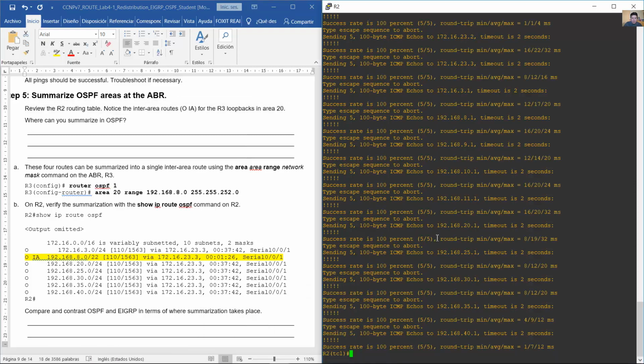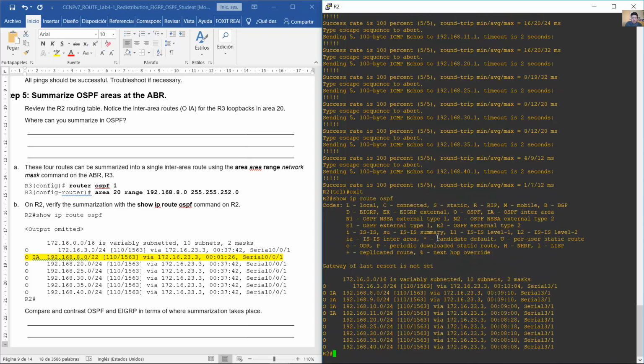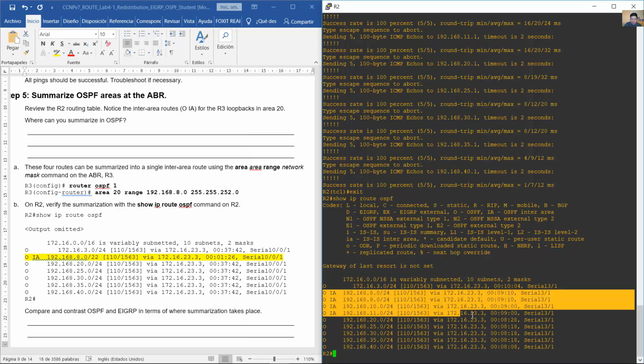On R2, exit, and show IP route OSPF. Look at this inter-area 8.0, 9.0, 10.0, and 11.0.